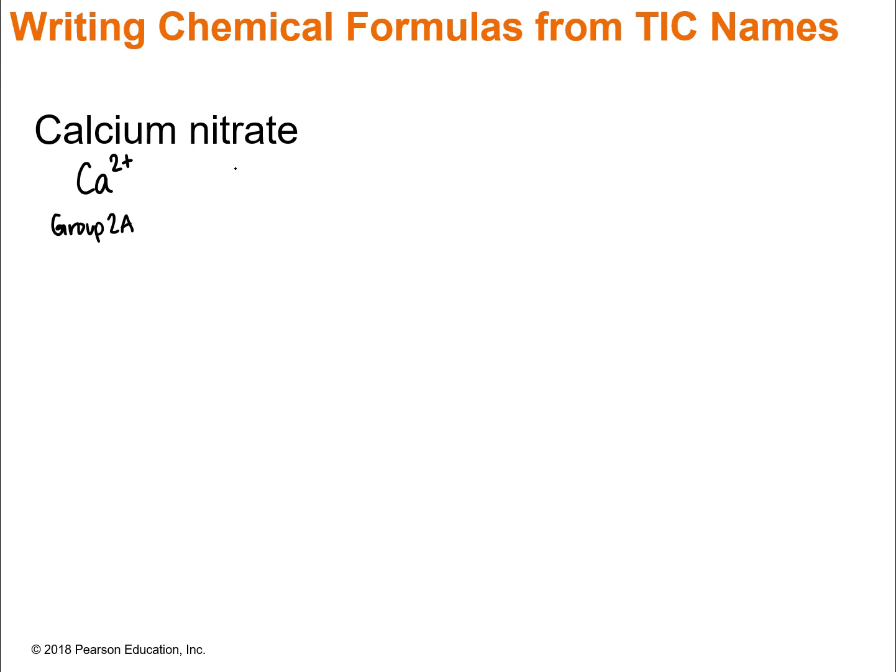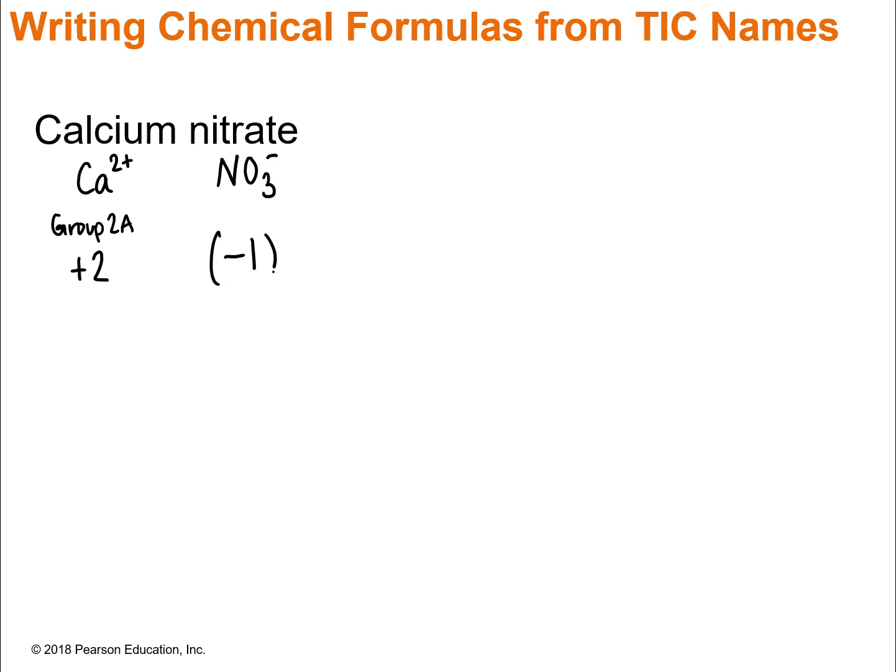Nitrate, you're going to look up on your chart. It's NO3-. So for our charge, we have +2 for the cation side and -1 for the anion side. That's not balanced.